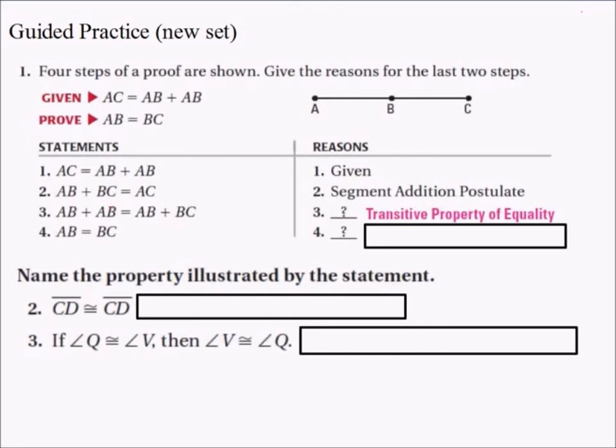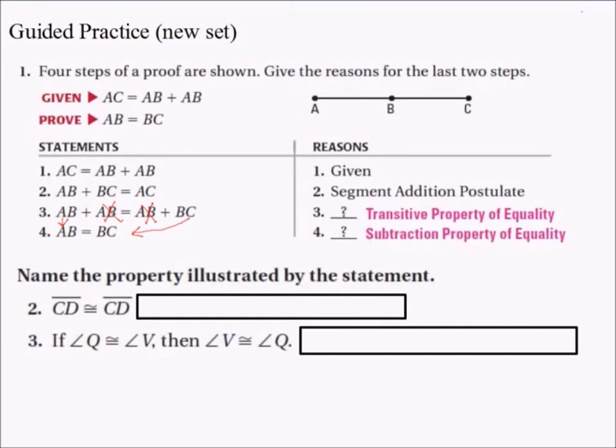We cut this out and we cut this out, because BC is here and then AB is AB. So how do you get rid of a positive something? What's the opposite of a plus? Negative. So that means that I subtracted AB and AB. So this is the subtraction property of equality.